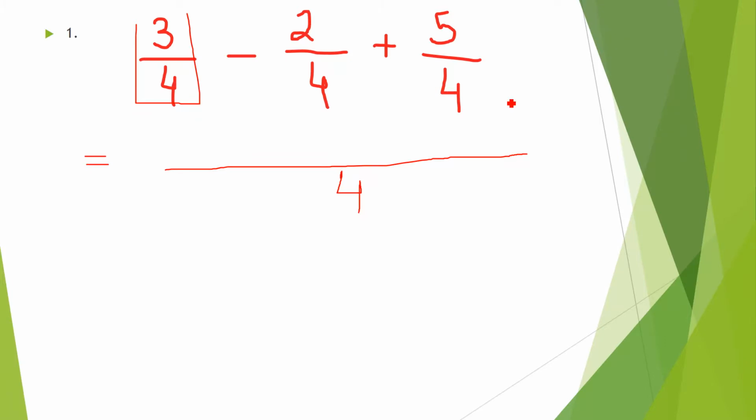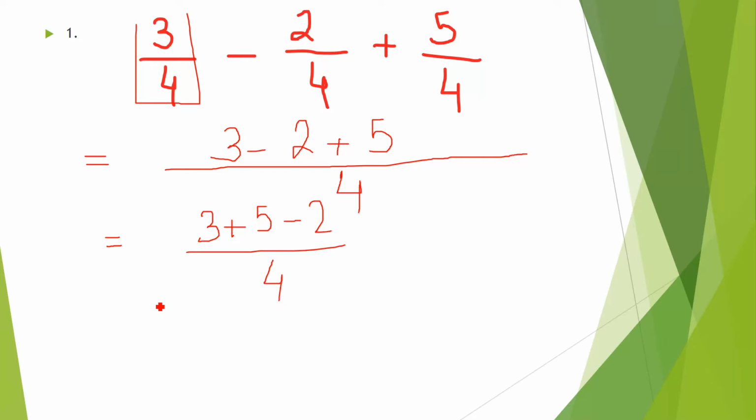So see, we have the same denominator, and write down in the numerator whatever you have in the numerator with the same sign. So we have 3 minus 2 positive 5. We have these integers in the numerator and 4 in the denominator. I will do one more step, so you will see this is positive, this is positive. I can write these together, and then minus 2 is negative, so I will write here divided by 4.